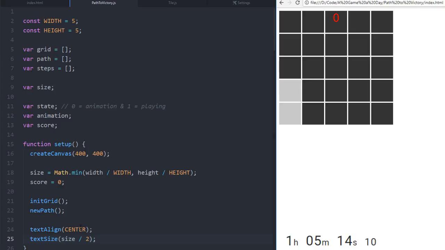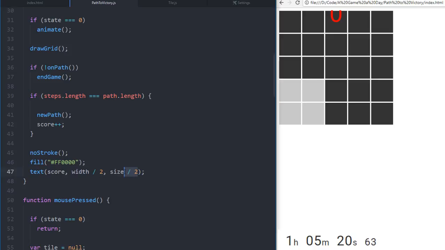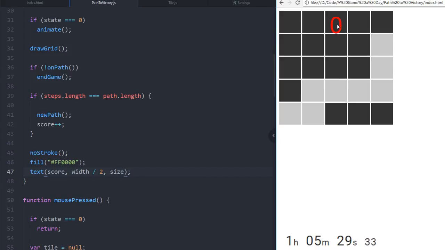Cool. I'd like to make it size, and then we'll subtract it. We'll make it draw its size. There we go. It's really big. Okay, let's test.